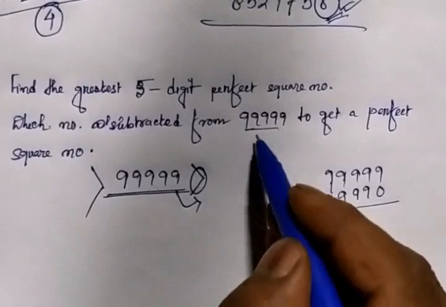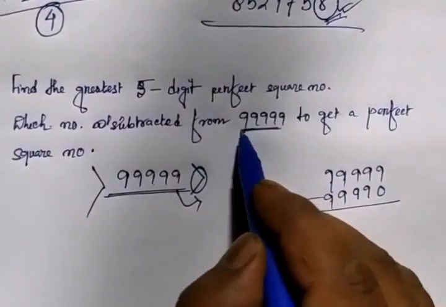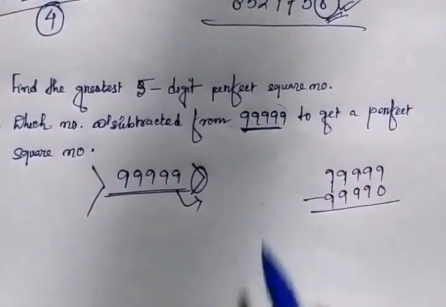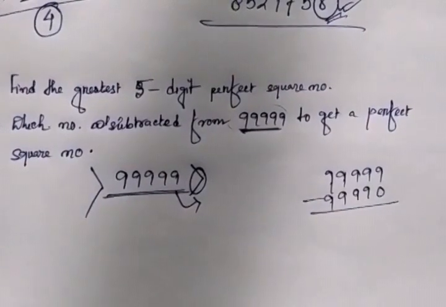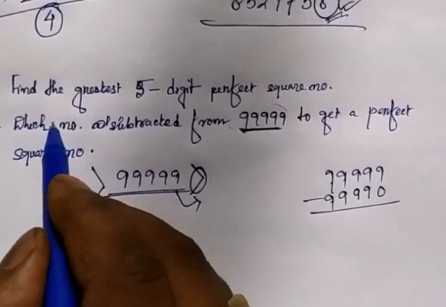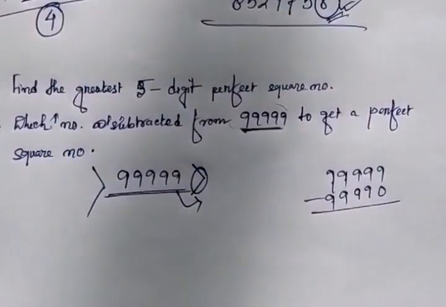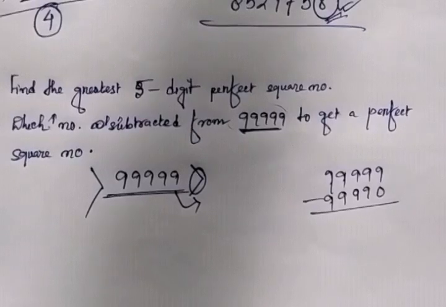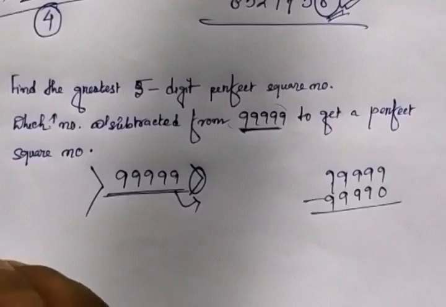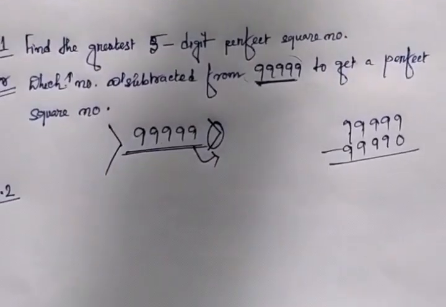So we find the perfect square number nearest to 99999, that means as big as possible. So it is better to write which smallest number should be subtracted from this number to get a perfect square number. And the second question is similar but a little bit different.